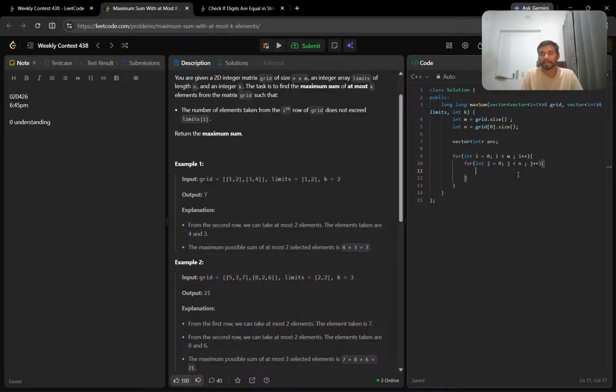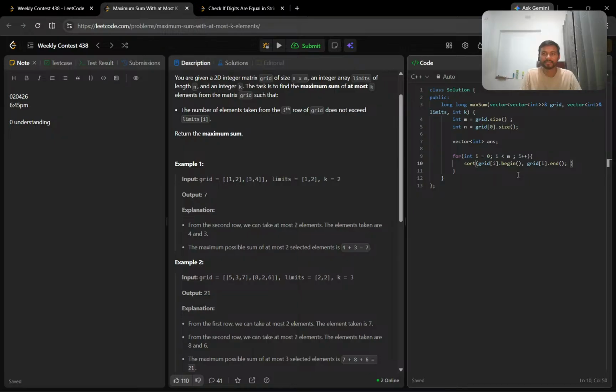So first I iterate, or don't need to iterate. Okay, just take the vector, sort it. Sort grid I dot begin, grid I dot end.